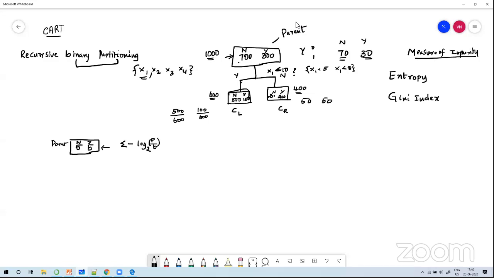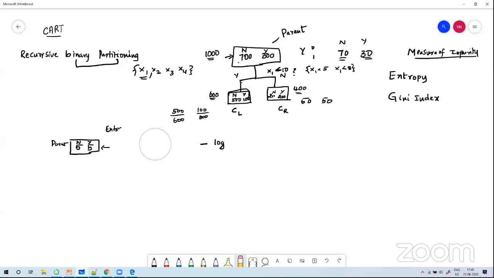So this is how we measure entropy. I is equal to 1 to K, and K is equal to 2 here. I'll write it: minus log of, sorry, p_i by t, my mistake.